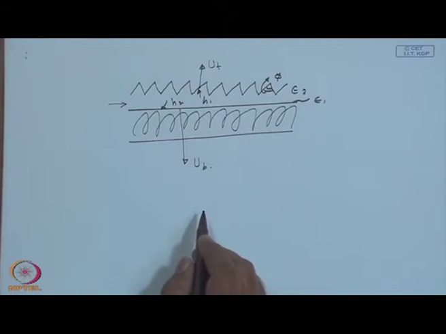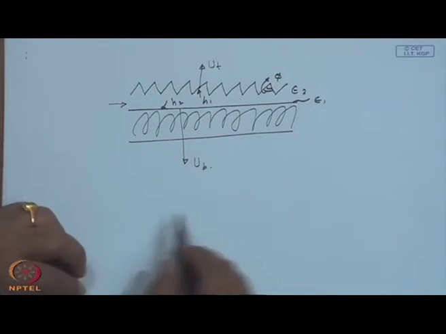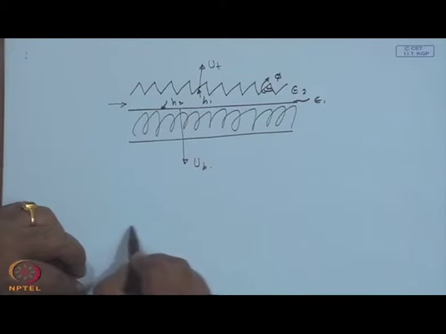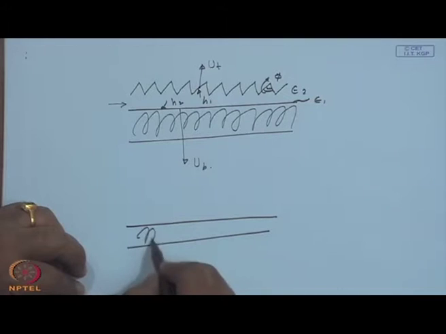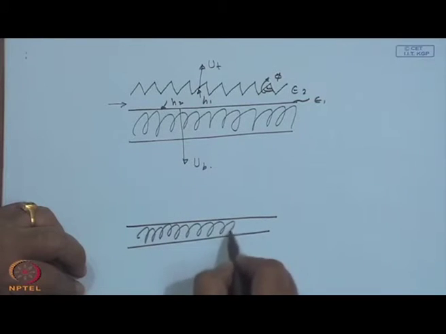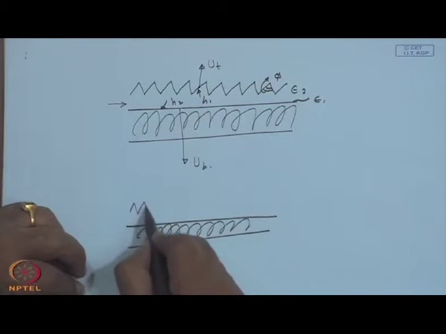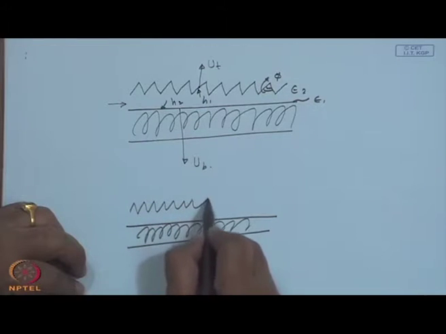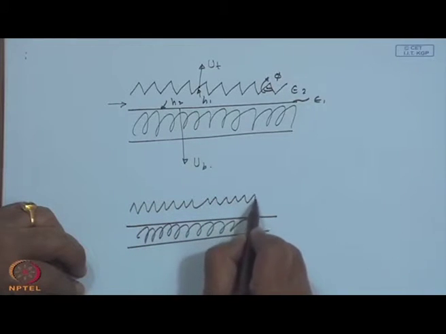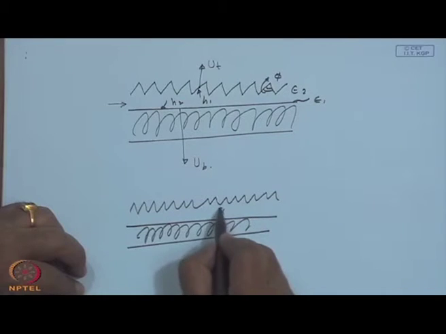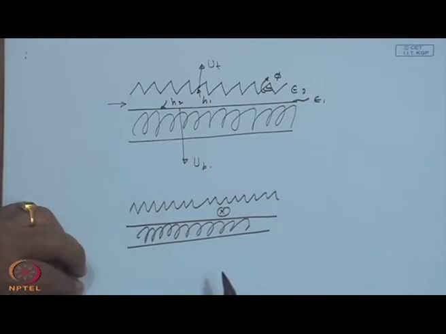Flow normal to the corrugations, because one can also have a configuration like this with insulation and a corrugated sheet with flow perpendicular to the plane of the paper.